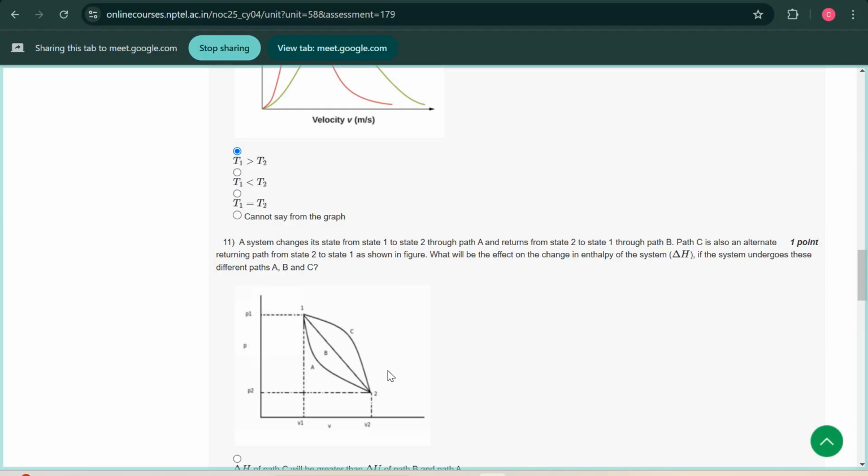Is enthalpy a state function or a path function? State. What is a state function?